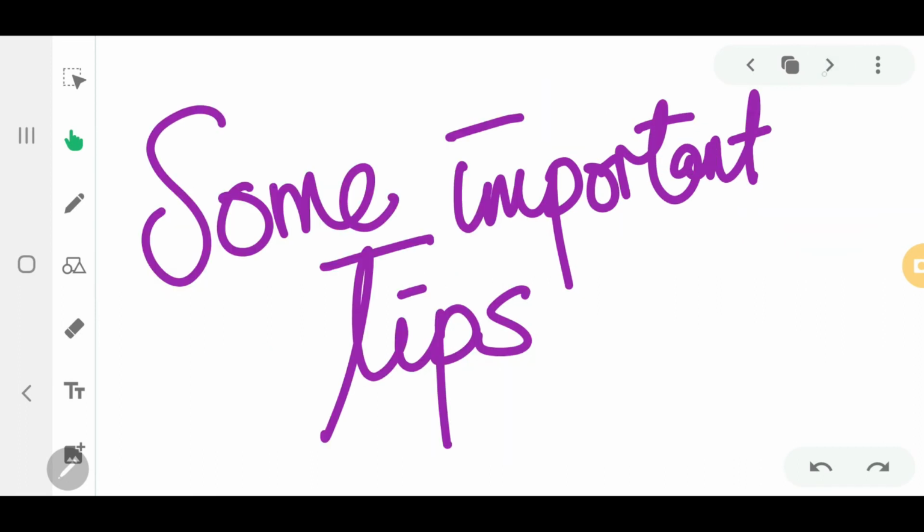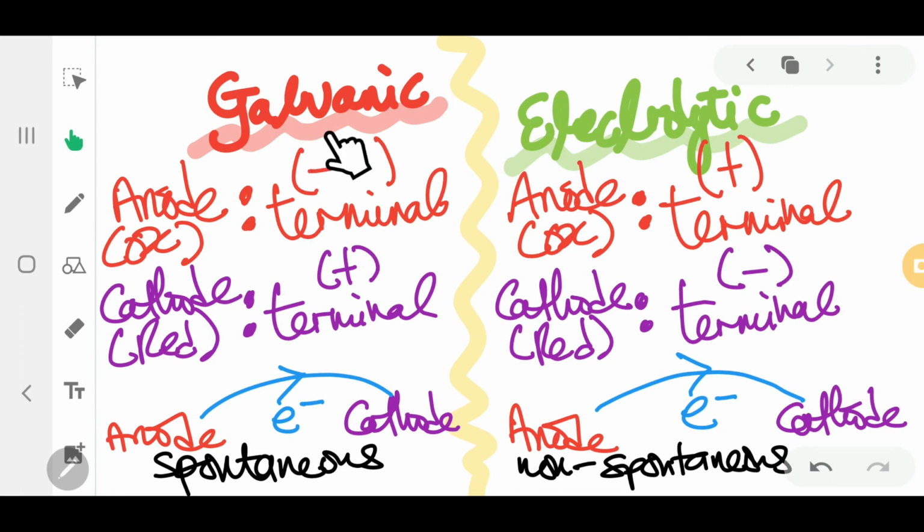Some important tips. Comparing galvanic and electrolytic cells, the process at the anode and cathode is still the same. It is oxidation at the anode and reduction at the cathode for both galvanic and electrolytic cells. But the difference is that the anode is the negative terminal for galvanic and the positive terminal for electrolytic.